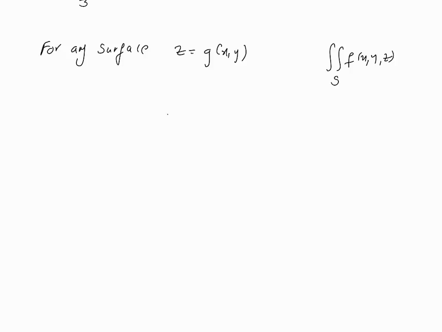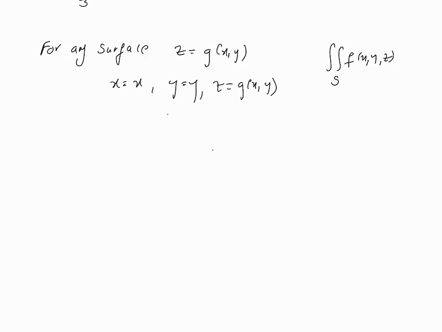Then what you can do very quickly is calculate the Rx and Ry for this. Clearly the parametrization you would use would be x equals x, y is y, and z would of course be g of xy. So your parametrization is essentially xy.